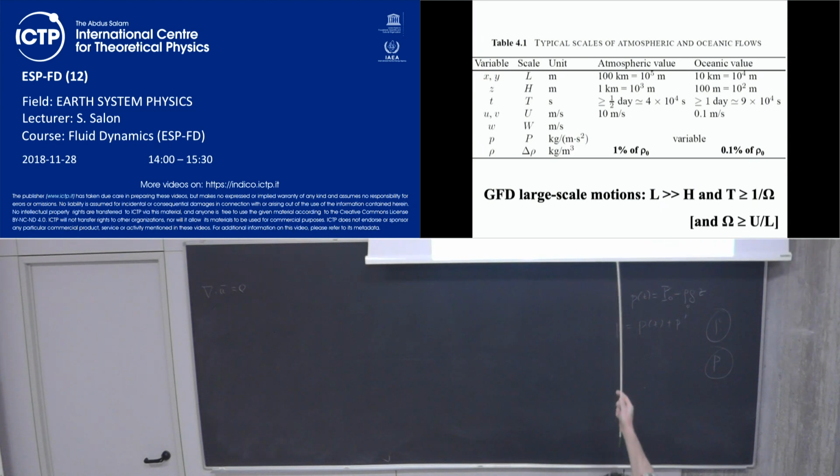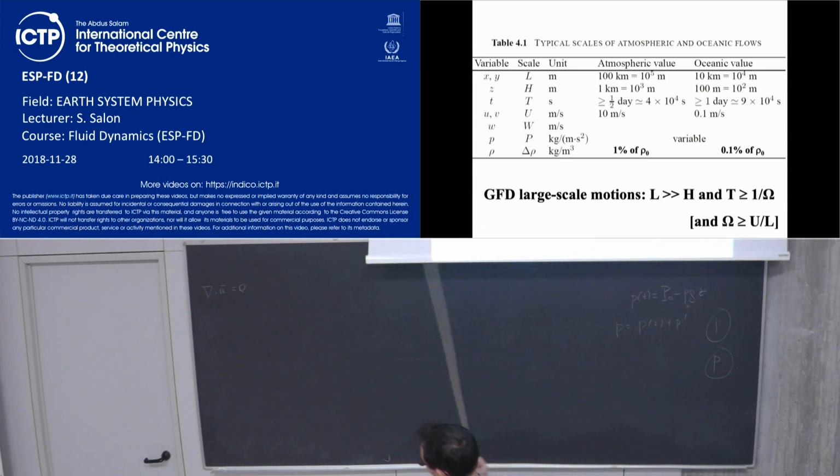So if you remember, we have the typical atmospheric value for horizontal dimension is 100 kilometers, while the oceanic value is one order less. For the height, we have 1 kilometer, while for the oceanic value we have 100 meters. For time, we have half a day and 1 day. For horizontal velocity, 10 meters per second and 0.1 meter per second.